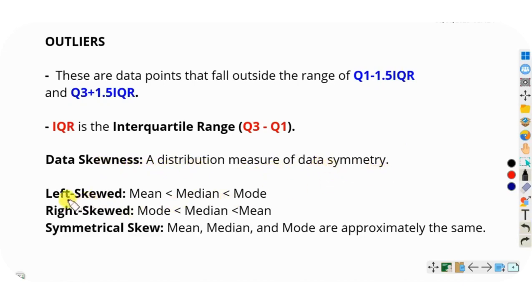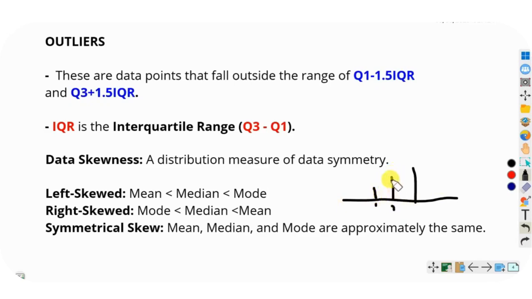Okay. So when we say data is left skewed, we are saying the mean is less than the median, and the median is less than the mode. Let's say you have a table like that, and the mean is here. After the mean, you have the median. After the median, you have the mode, right? So remember, the mean is the average of the data.